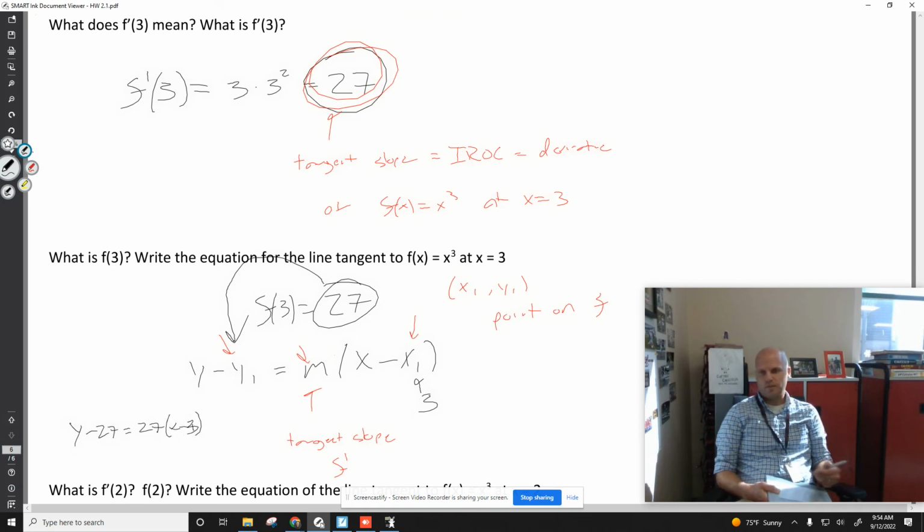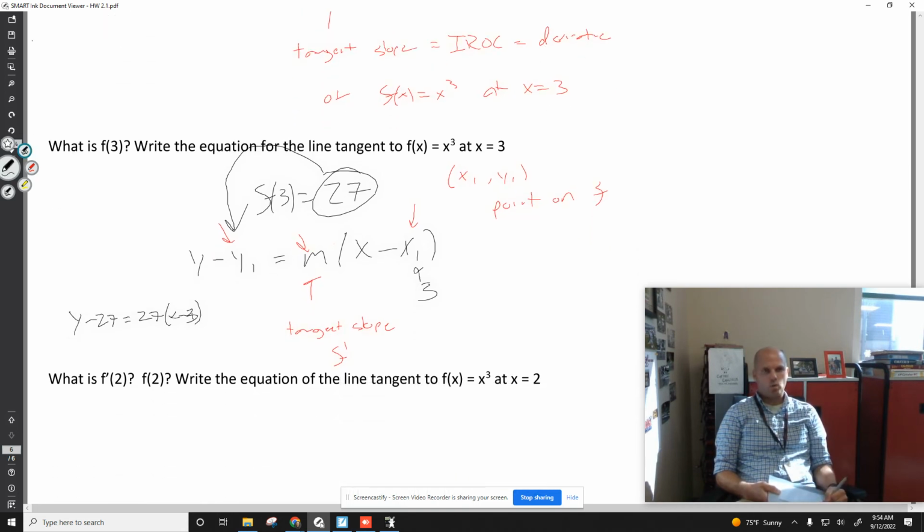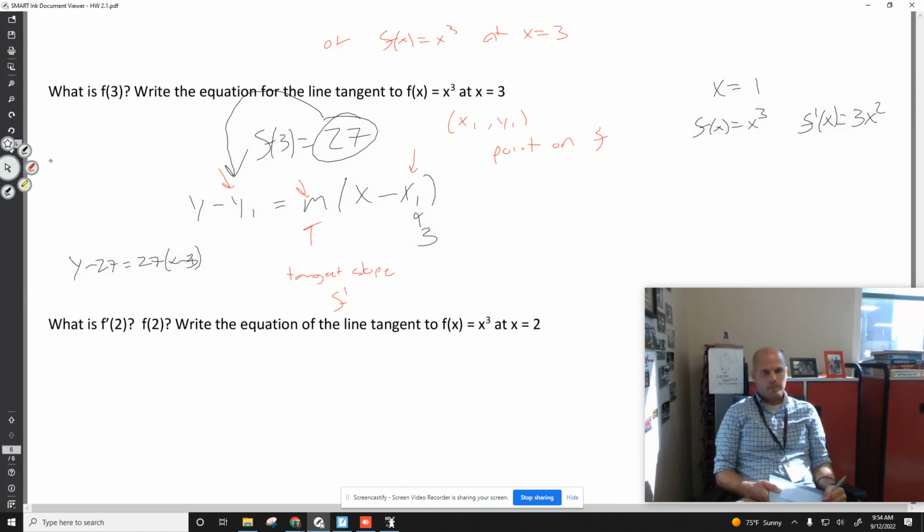Let's change it up so I get different values. Let's look at x equals 1. Again, we're analyzing x cubed, whose tangent slope equation is given to you by 3x squared. I found it for you. Right now you just need to know how to use it. I plug in 1, I get 1.